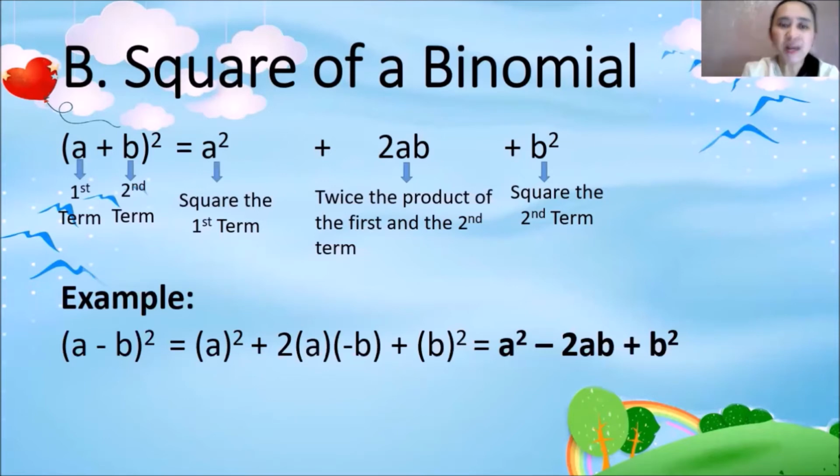So if we apply the shortcut computation for the square of a binomial and follow the procedure, square the first term, A times A, and twice the product of A times negative B, plus B times B, or B squared. So we get A squared minus 2AB, because it is negative. And B times B is B squared.